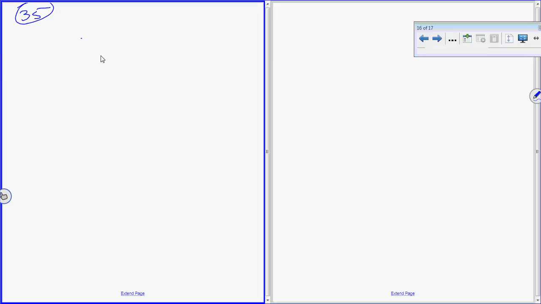Okay, so 35 gives you this expression for the position at a given time. It says that the position of some particle is 4t squared in the x direction minus 2t plus 6t squared in the y direction.